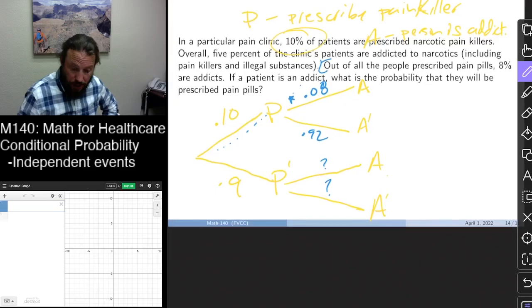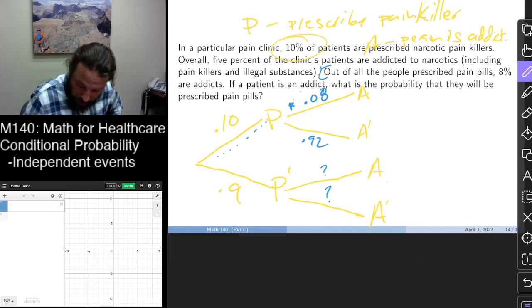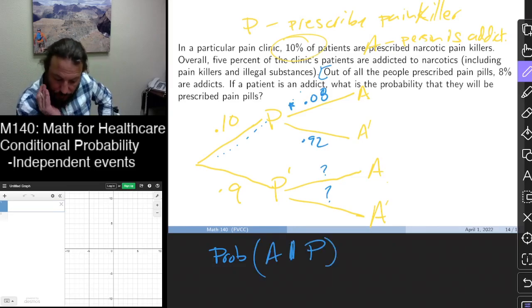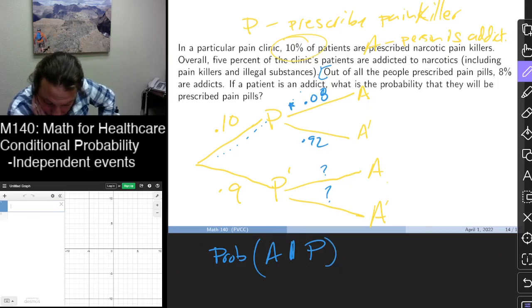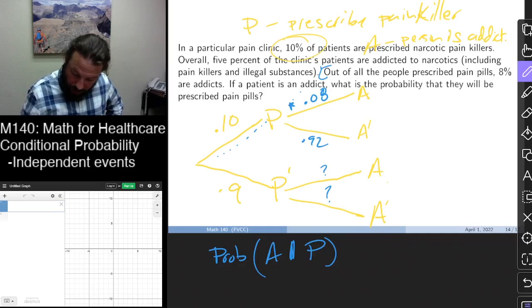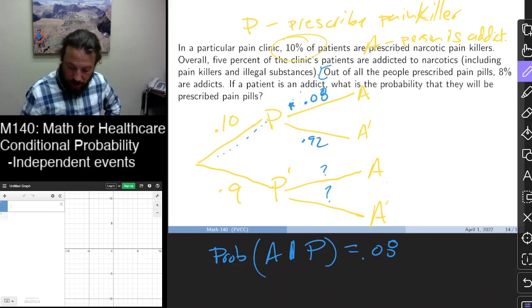So 0.08 is the probability, I'm going to use P notation, of a person being an addict given that they were prescribed pain pills. That was my 0.08.